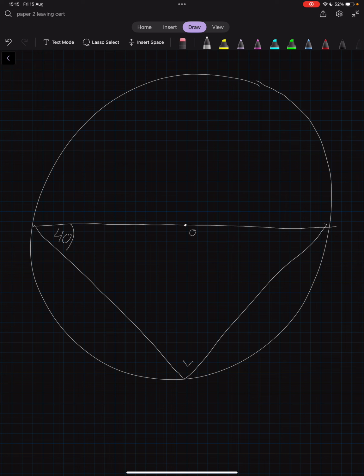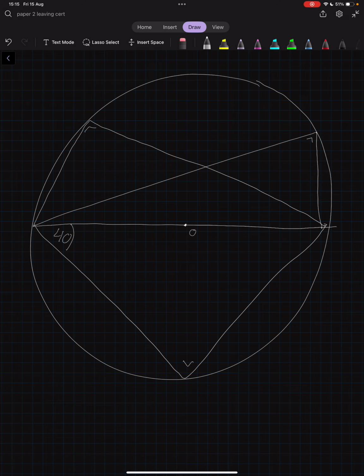We have one triangle here, which comes down here. And we have another triangle here, which goes there. So again, these are all 90s. So the very first thing, they're all 90s. You're told this is 40.